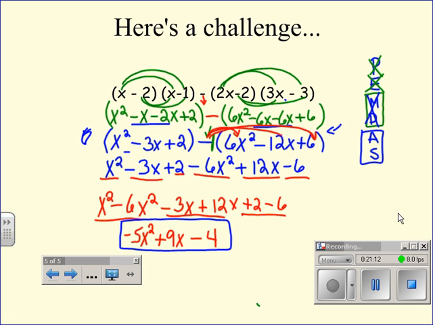So whenever you are multiplying polynomials or binomials by another binomial, you're simply going to distribute everything in the first binomial to everything in the second one. If it's a trinomial, same thing. You're going to distribute everything in the first binomial to everything in the second one, or the second polynomial, whether it's a binomial or a trinomial.